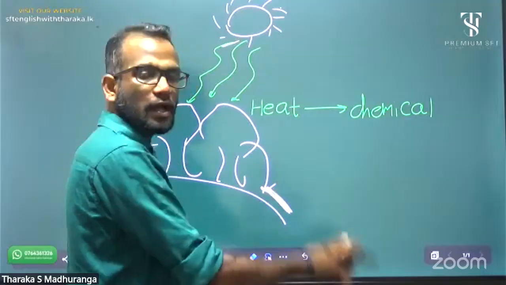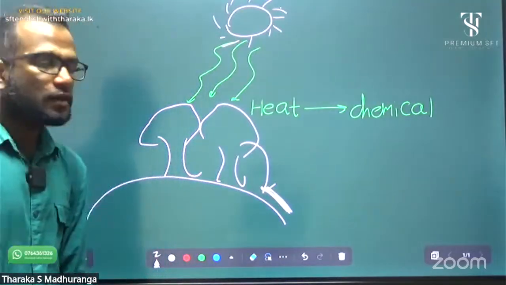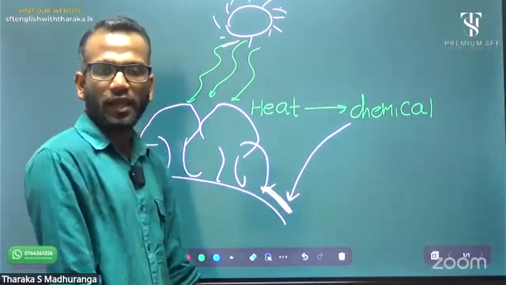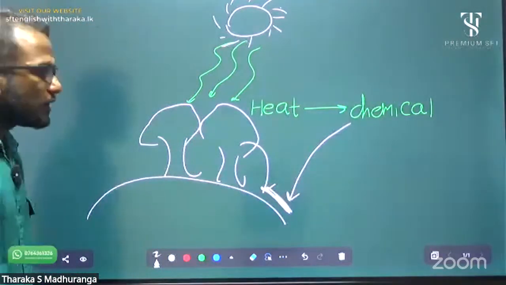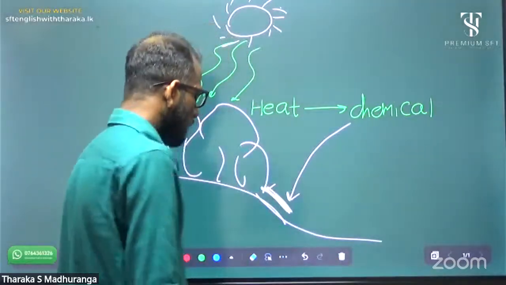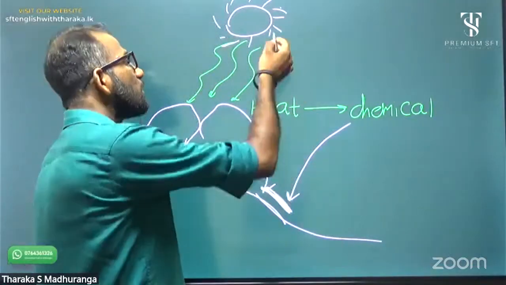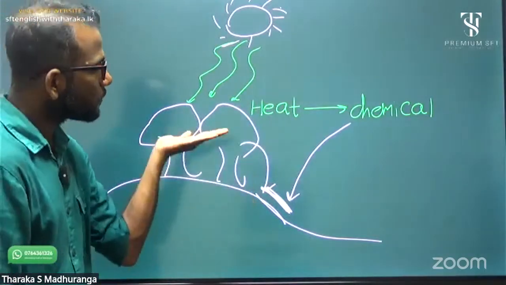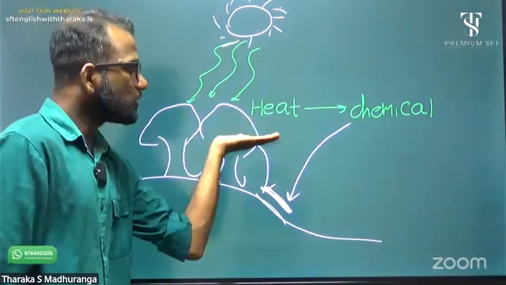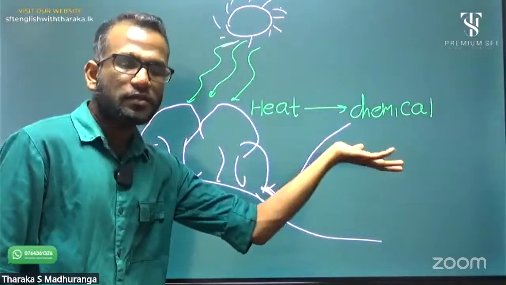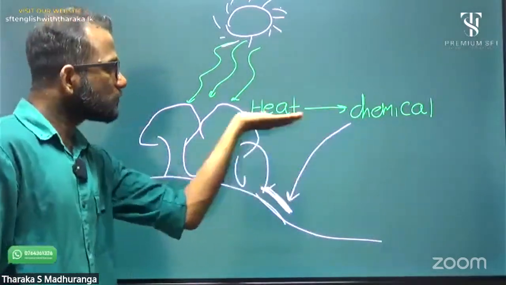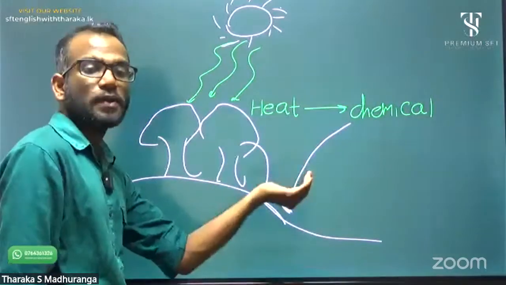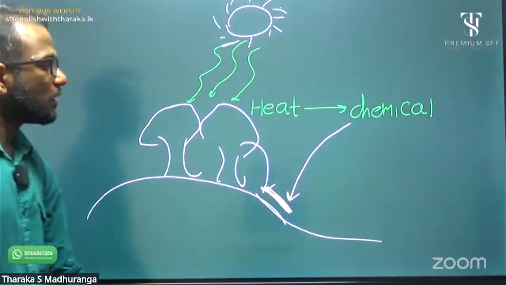Then this chemical energy is transferred to animals as well. Heat energy is absorbed by plants, which do the photosynthesis process. In photosynthesis, heat energy converts into chemical energy, and the chemical energy transfers to animals, since animals depend on plant material, right?